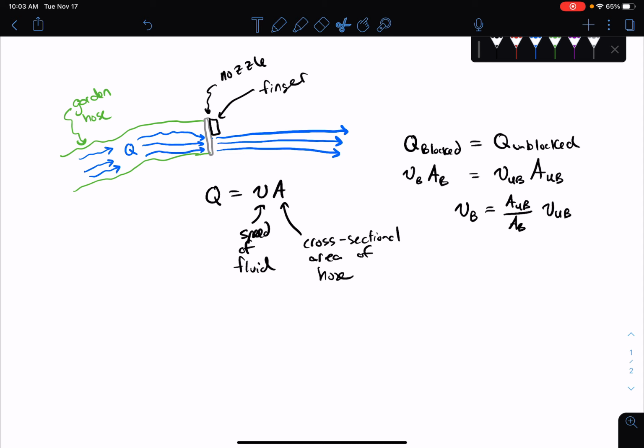And so what this is saying is that the area when the hose is unblocked, when there's no finger over it, is larger than the area when it's blocked, when there is a finger. So this number must be larger than 1.